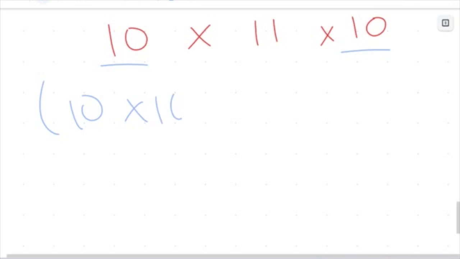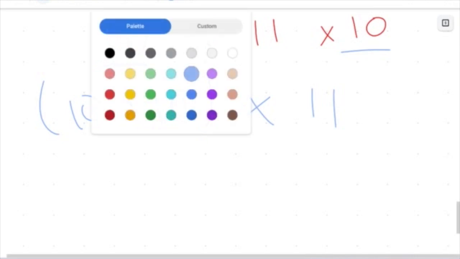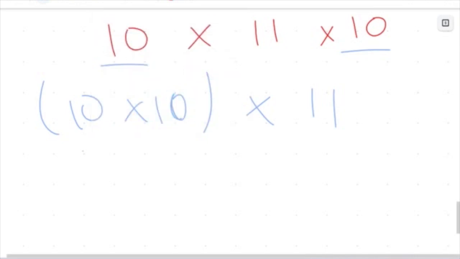So I'm going to do 10 times 10, and then I'm going to take 11 lots of that. So 10 times 10 is like adding 10 by itself 10 times. Or from our times tables, we just know that this is 100, right? So 10 times 10 gives me 100. And this I want to multiply by 11.